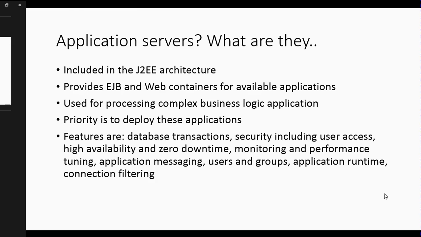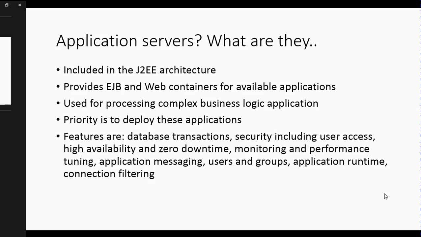Another feature of application servers is application messaging. You have a lot of interactions taking place inside the application server. Going back to what I said earlier, the application server is tied in with the backend database.